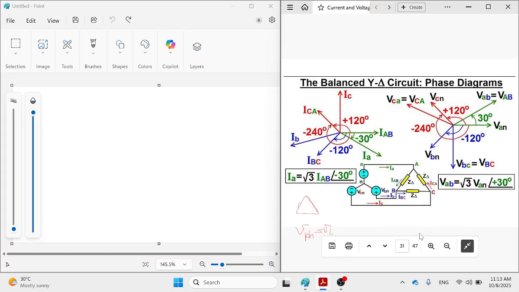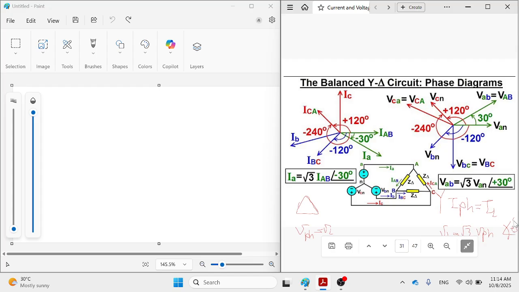But for the other one, the star, I phase equals I line. So no need to do anything for these two. The only one we should consider is the star connection or Y connection, where V line is equal to square root of 3 times V phase, with the angle being positive 30.